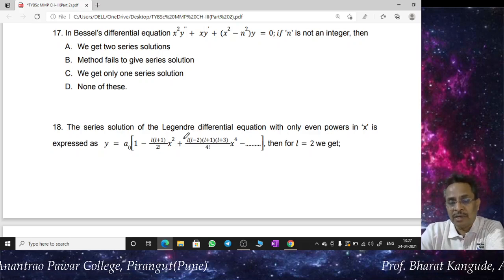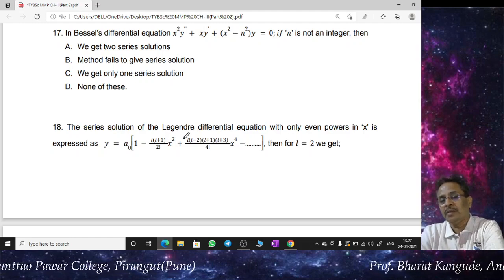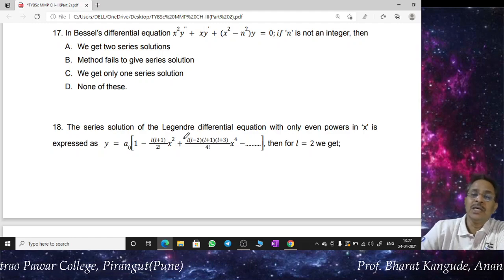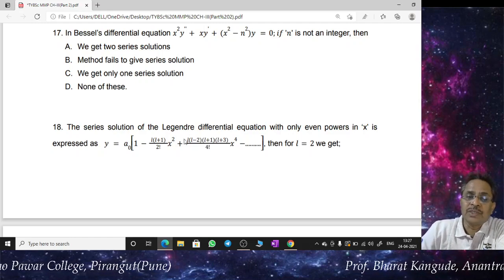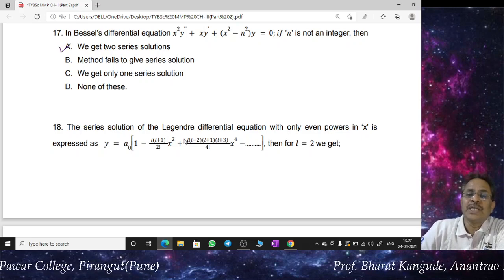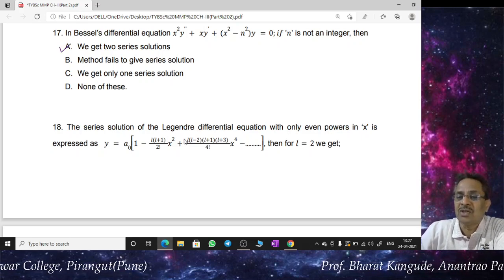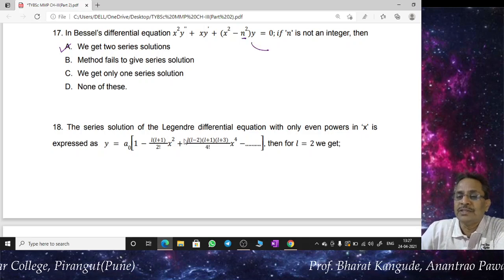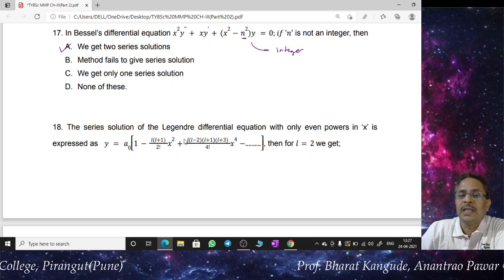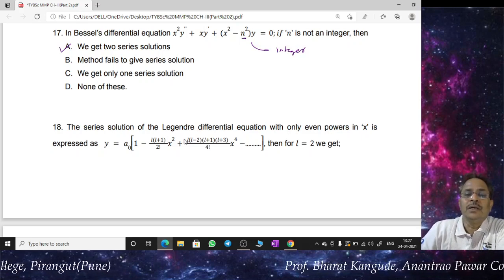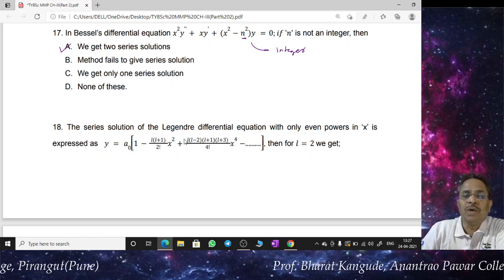In our textbook, please read this entire paragraph below the Bessel differential equation. We will get the correct answer of this question. We get two series solutions provided this n is not an integer. If it is an integer, then naturally we get only one series solution.